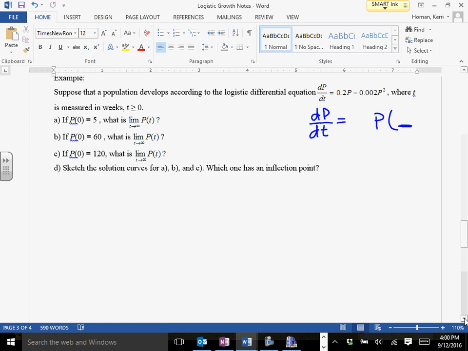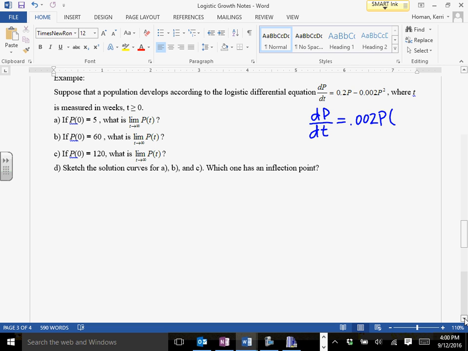We want this to be L minus P. So we want this coefficient to be factored out as well. Okay, so we need to factor out 0.002 P.